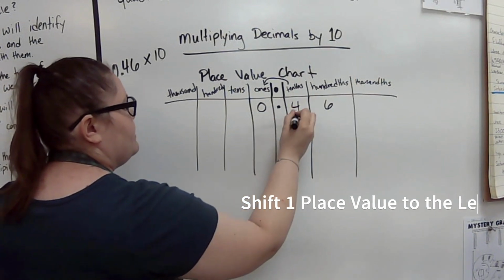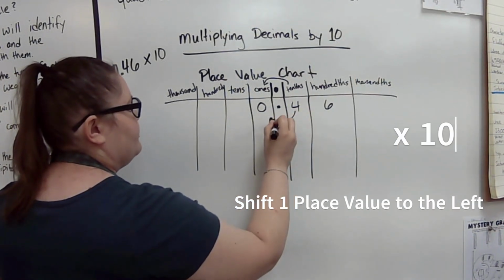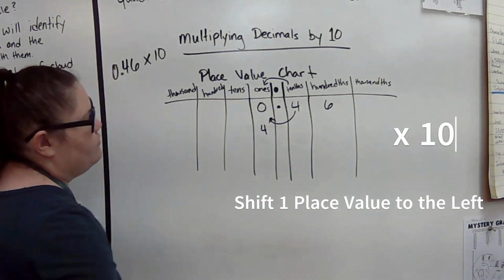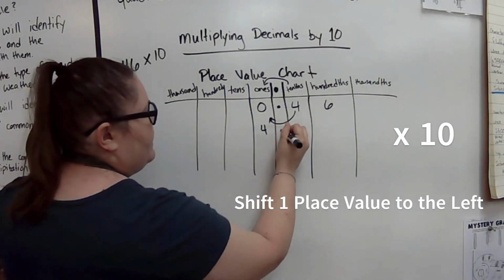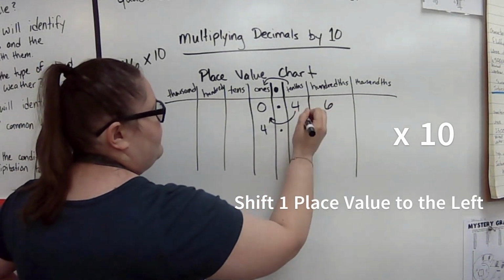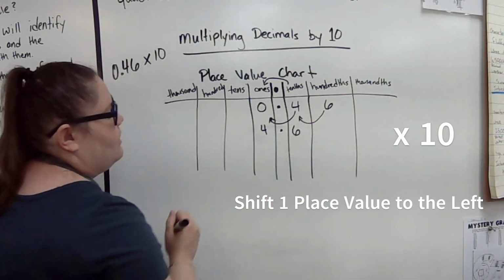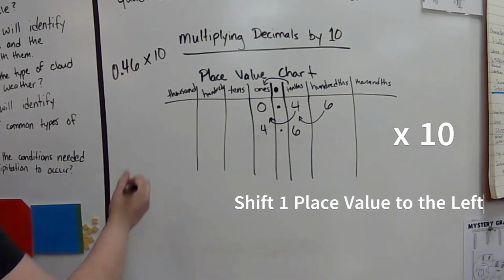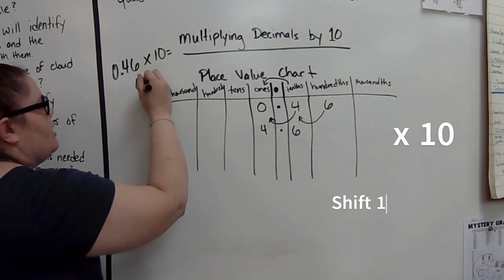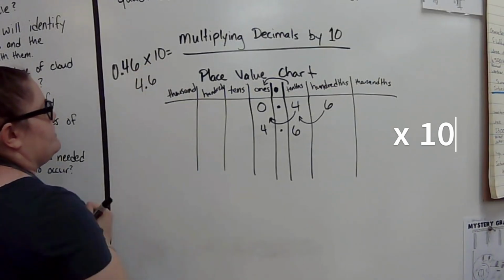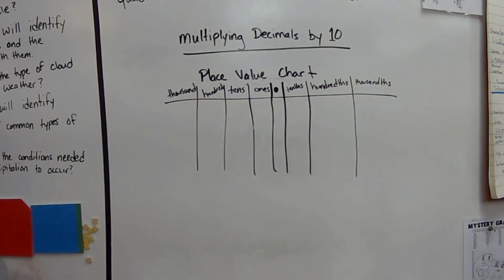So my 4 is going to move one place value forward, so I now have 4 ones. And my 6 is moving one place value over and now into my tenths. So now I have 4 and 6/10.